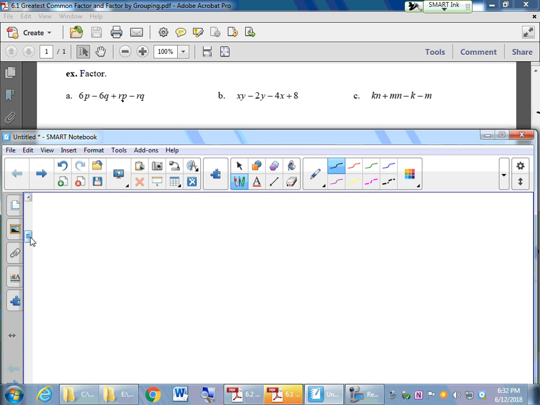Next, C: kn plus mn minus k minus m. Again, without thinking anything, group the first two and group the last two terms. The greatest common factor from the first group will be n, and the leftover is k plus m.